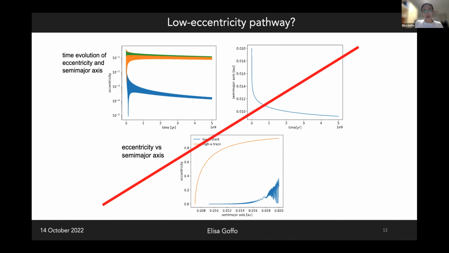But what we discovered from our models is that it's hard for our inner ultra-short period planets to reach the current orbit, to migrate to this very short distance, and so it seems that after 5 gigayears the planet cannot reach the current orbit considering this pathway.